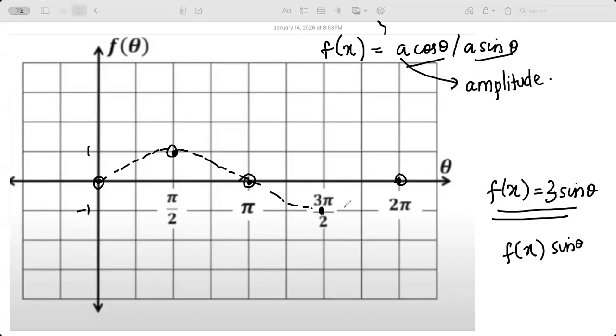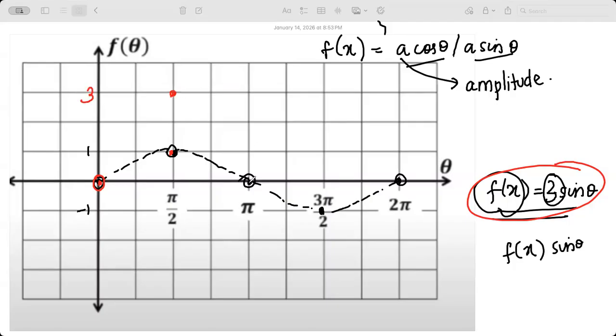Now, with the amplitude of 3, how will you change it? All your y values get multiplied by 3. So it still stays at 0 at the start. At pi by 2, 1 is multiplied by 3, so the value becomes 3.